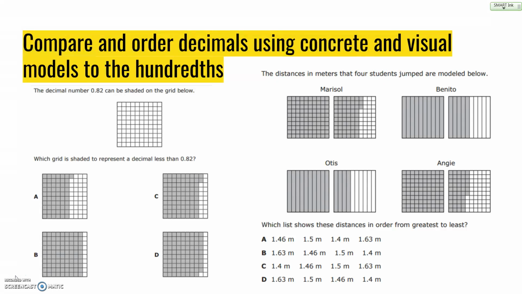Otis jumped 1 4/10 of a meter. And Angie jumped 1 46/100 of a meter. So when we're working with students, a lot of times if they see a picture like that, we're going to ask them to label each picture, to write the decimal number next to each picture, and then they're going to put those in order from greatest to least.